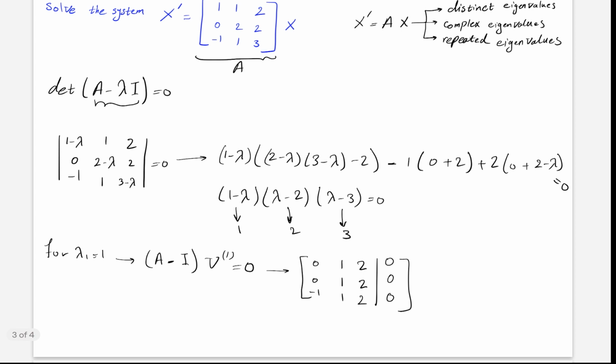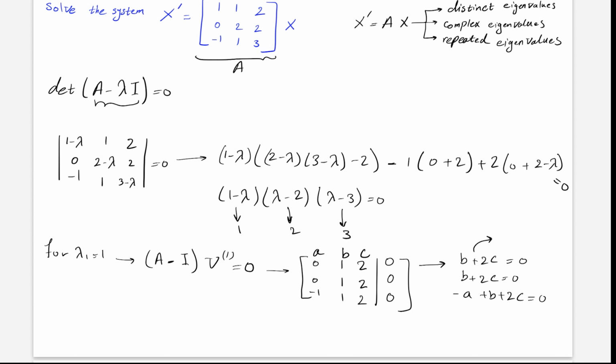Since this is a very simple matrix, I don't want to reduce to row echelon form with Gaussian elimination. Rather, I can directly use the ordinary approach. From here we can see b plus 2c is equal to 0, and minus a plus b plus 2c equals 0.